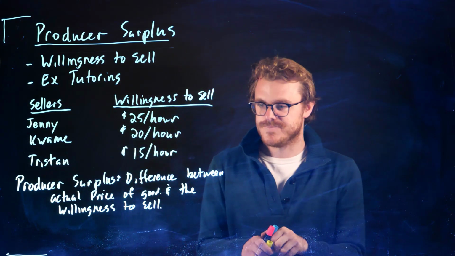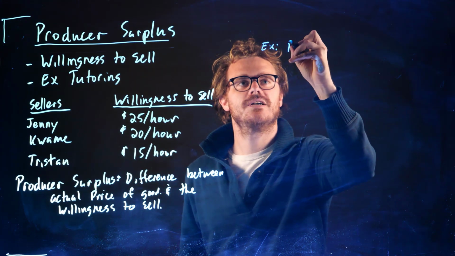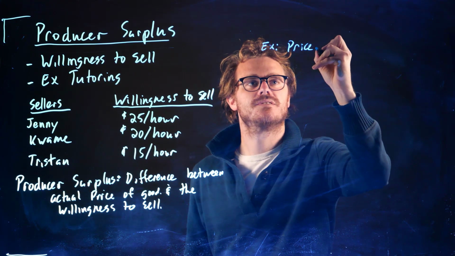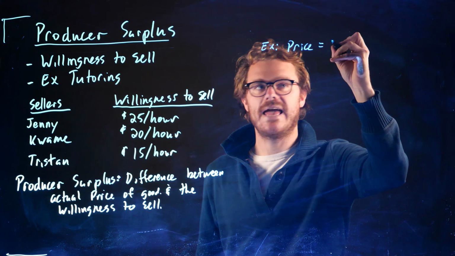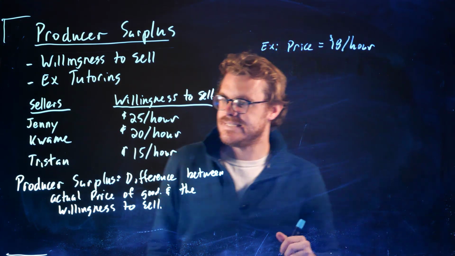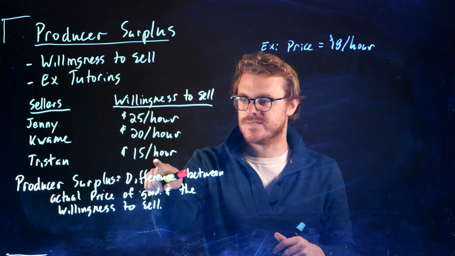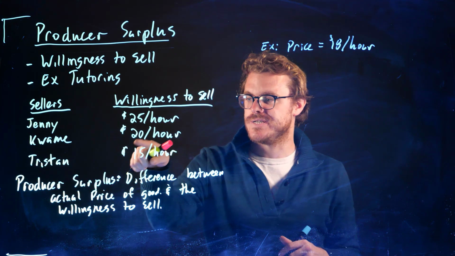So for instance, let's say the price was $18 an hour. Well, at $18 an hour, Tristan's willing to supply their tutoring services because they are willing to supply for only $15 an hour.